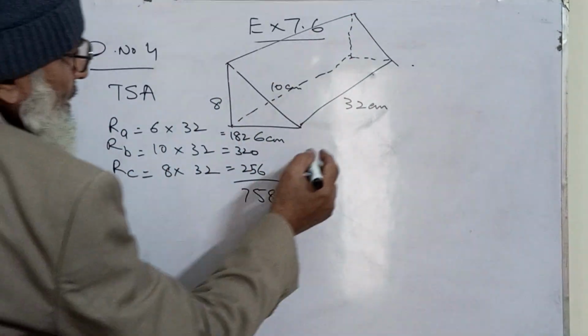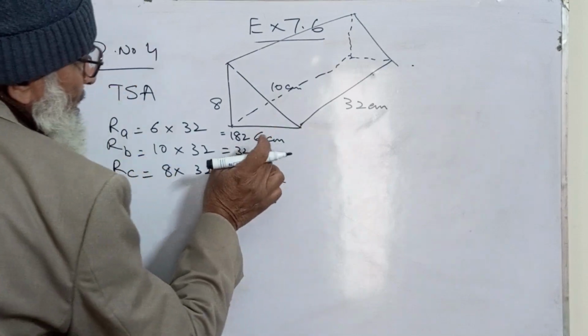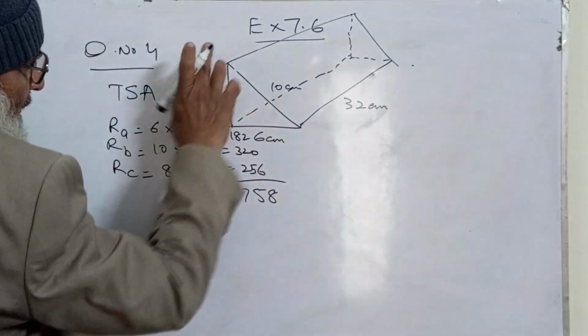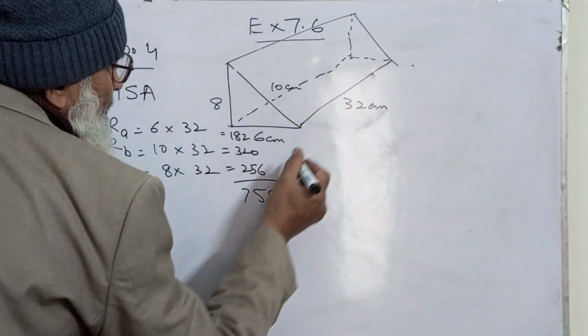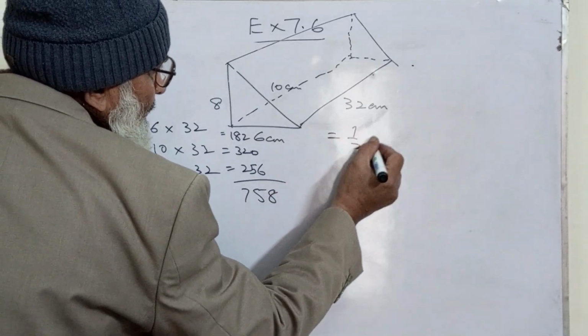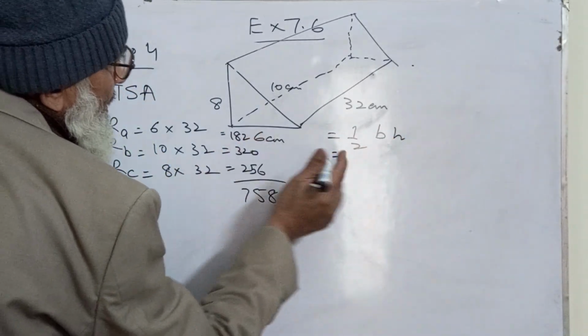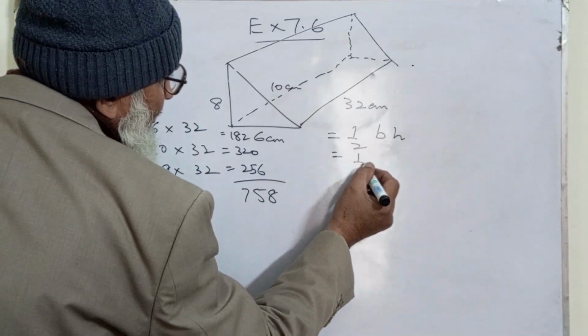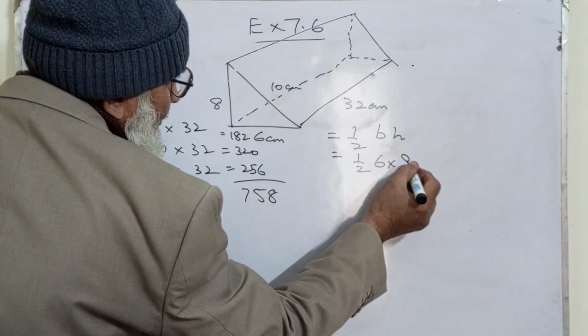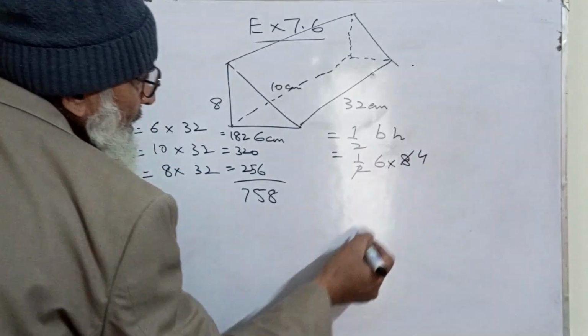Plus two triangles. Since these triangles are the same, I am going to take half base into height. Half base is 6, height is 8. Now cancel this.